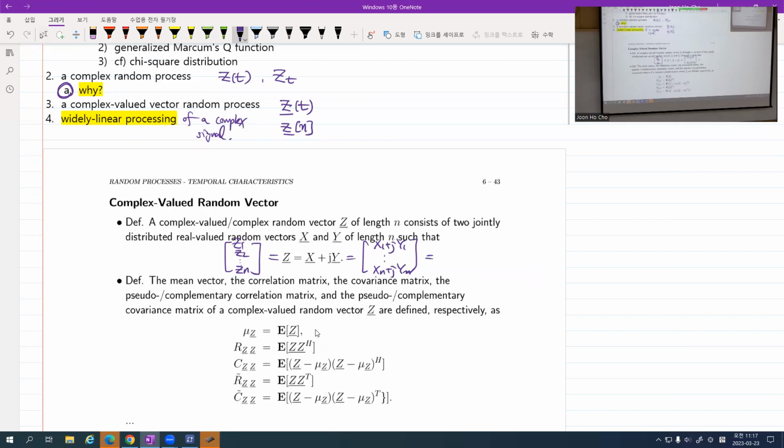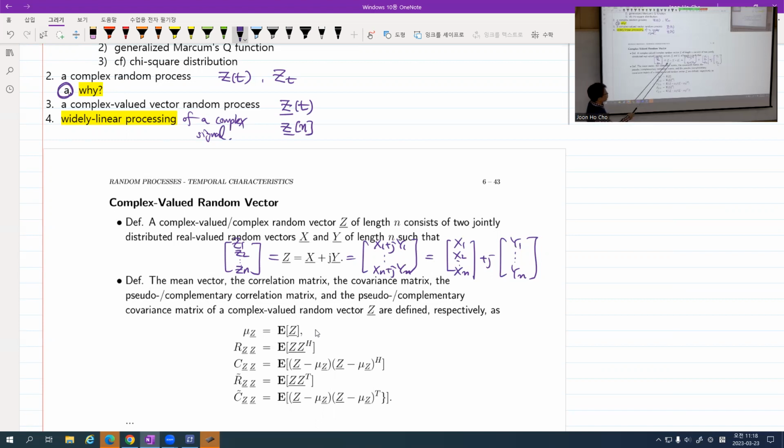Right? And this can be written as the real part vector plus j times the imaginary part vector. Got it? So that's why Z can be written as some X vector plus jY vector, where X and Y are two real vectors.